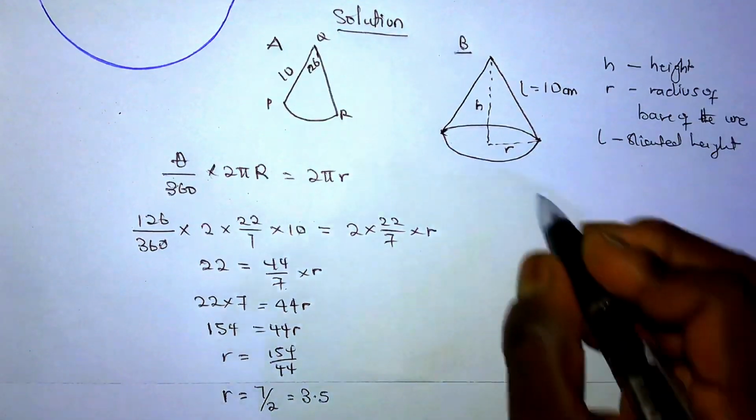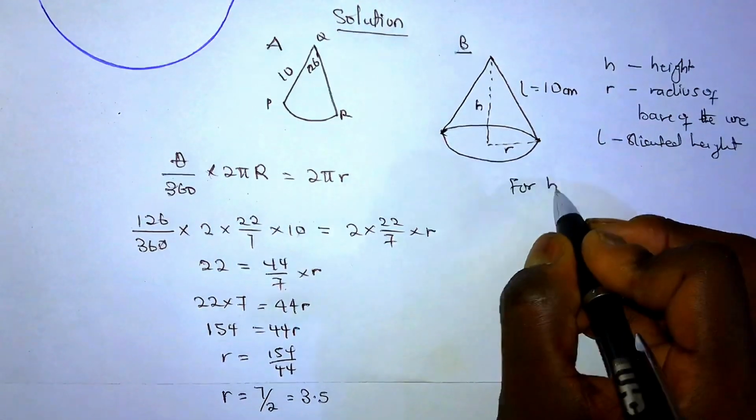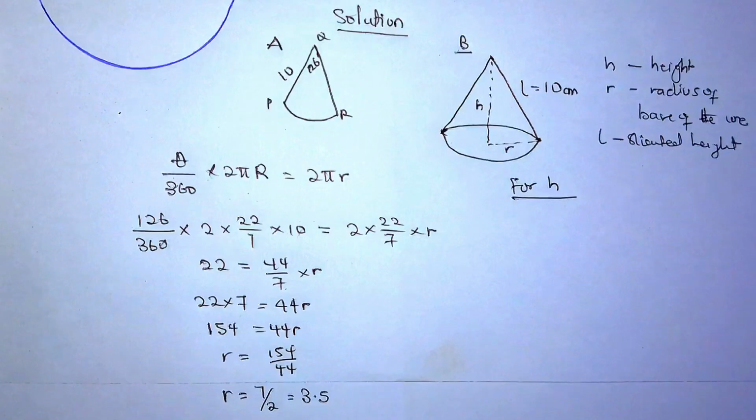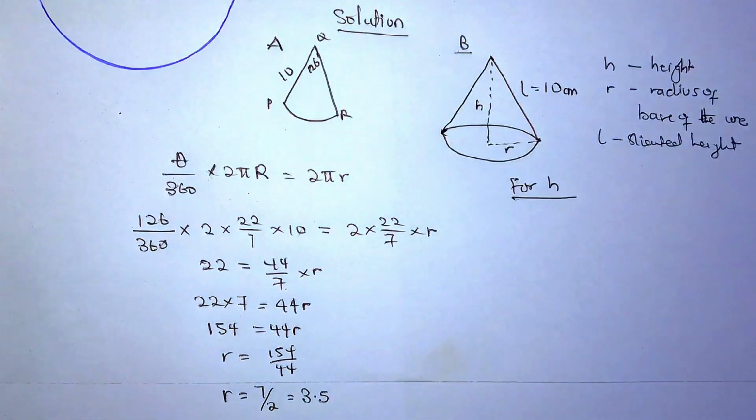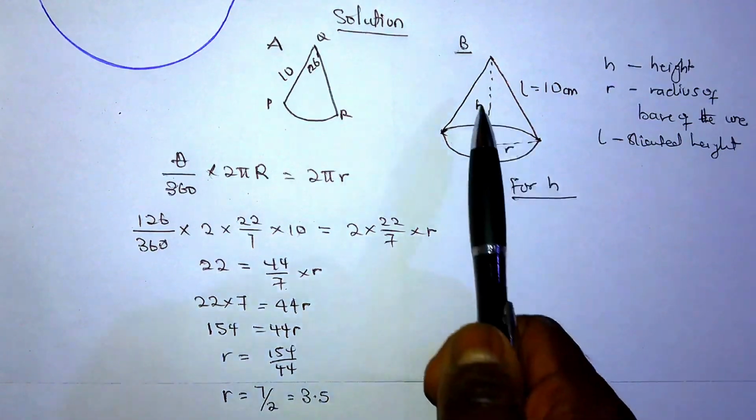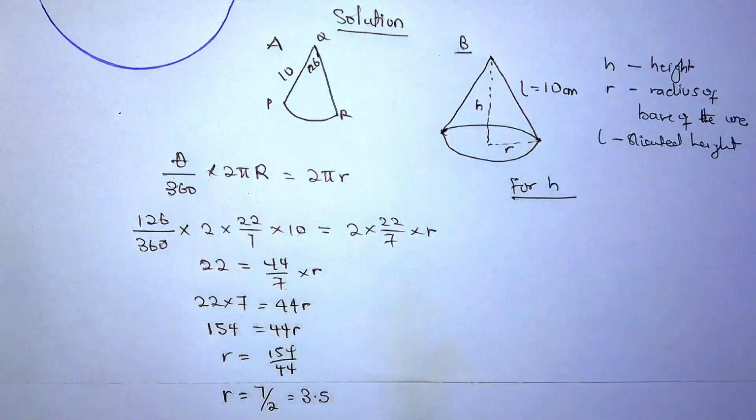Now for the height, so for h, which is the height, realize that what we have here is a triangle. The height, the radius, and the slanted height here is a triangle. So we can use the Pythagoras theorem. So this becomes the hypotenuse.